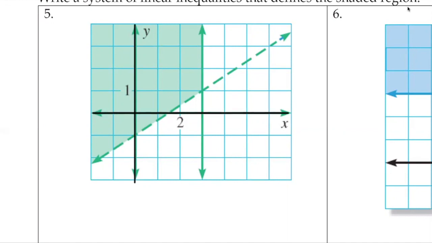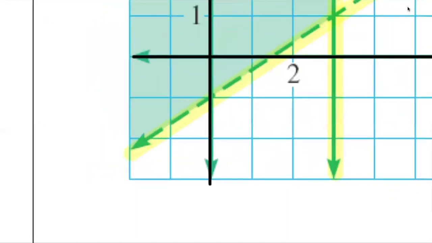All right, so the 2 equations that we're going to look at are this vertical line here and this line right here. I'm going to look at this dashed line first.